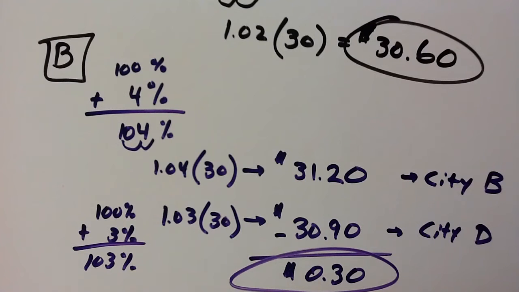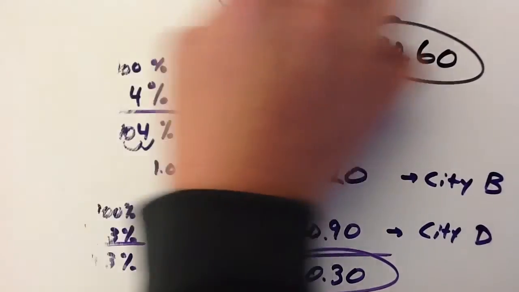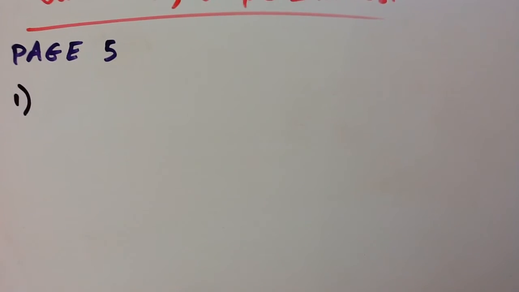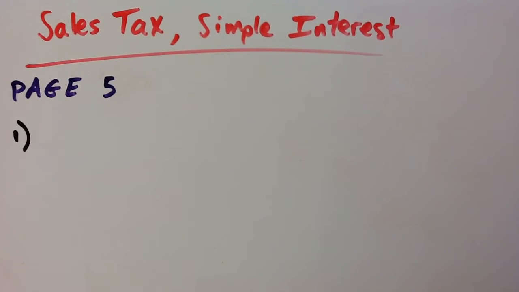Okay, question 2 is very similar. You have, again, 4 cities there, and you have the sales tax in each city. So let's look at part A first. Okay, part A says Jerry wants to buy a shirt for $20. How much will, I should say Jerry, how much will Jerry pay for his shirt in city A?